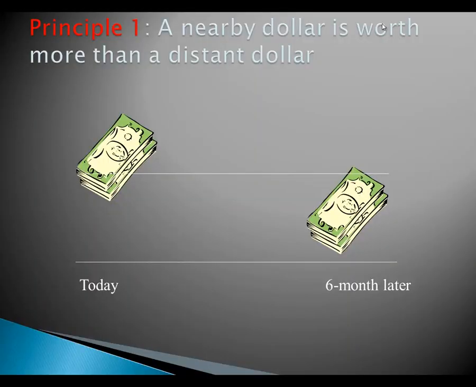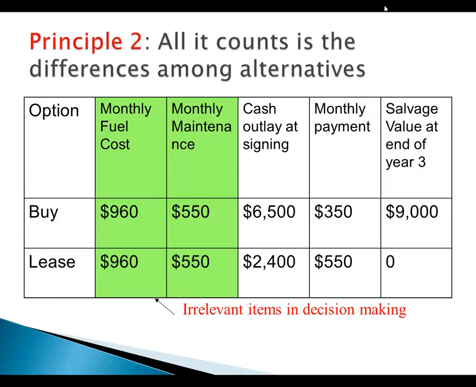So the value of the dollar decreases over time, which should be considered in all economic decisions. Some information could be irrelevant to the engineering economic decision. Others will define what alternatives to choose.